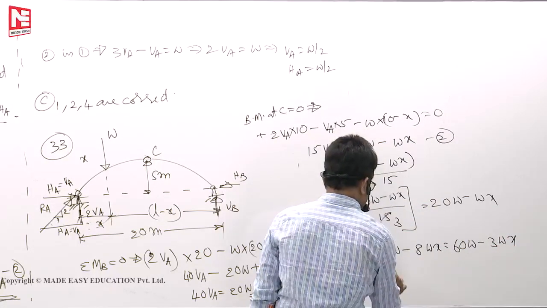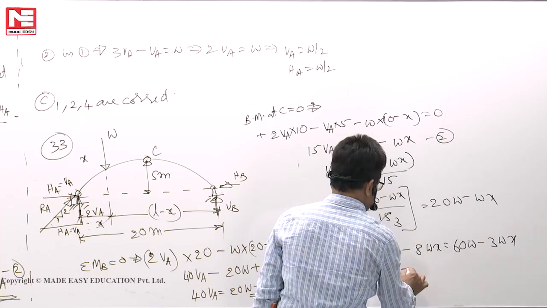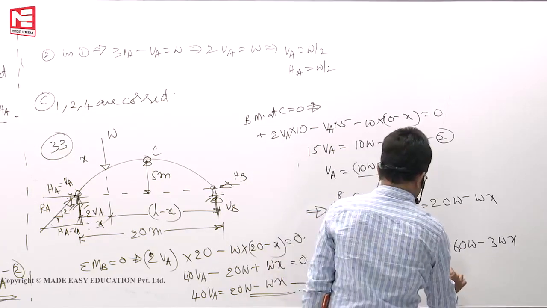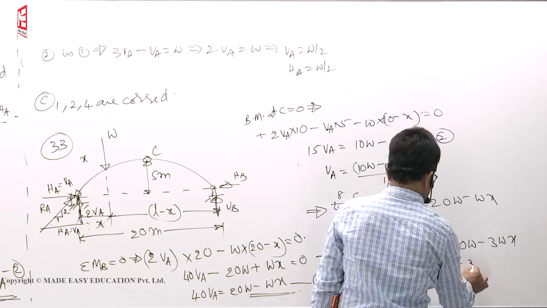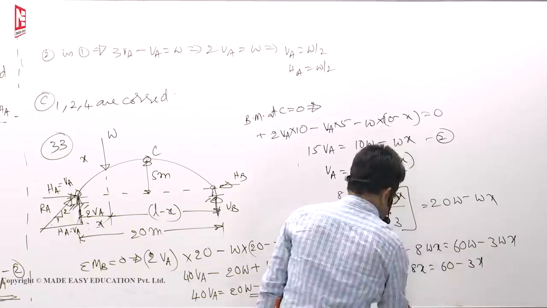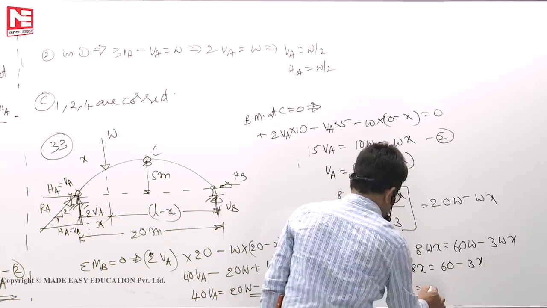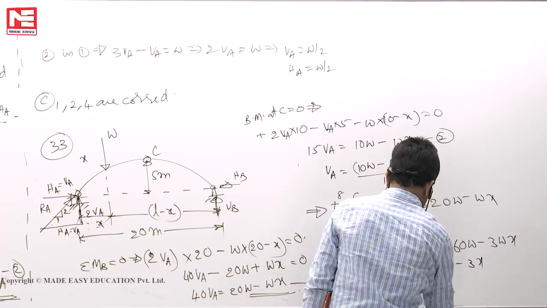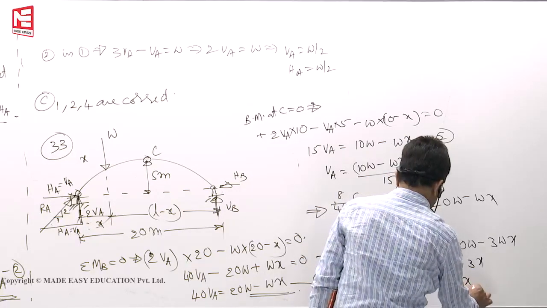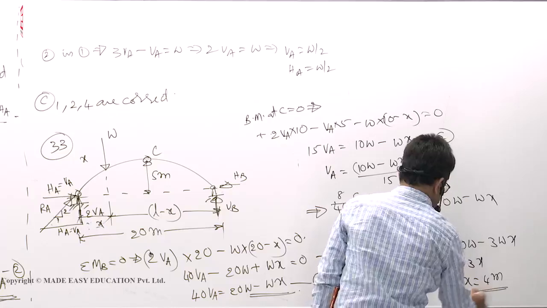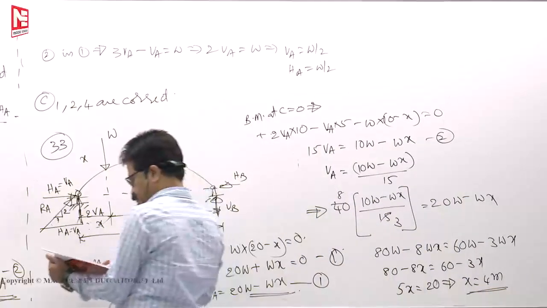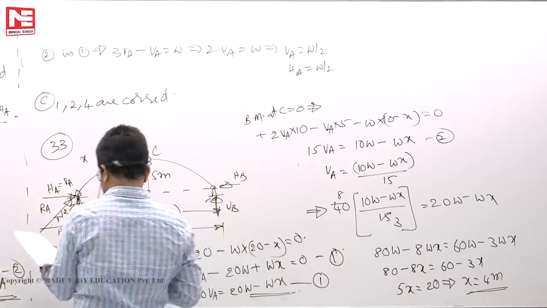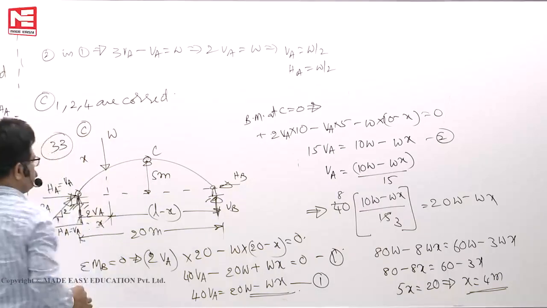Everywhere W is common, we can remove it. 80 minus 8x is equal to 60 minus 3x. Push it to the right side. So 5x is equal to 20. So x you will get 4 meters. So 33, 4 meters, 33C is the option.